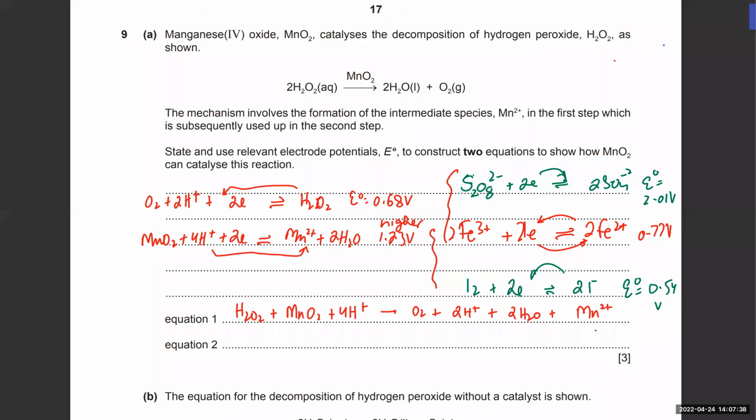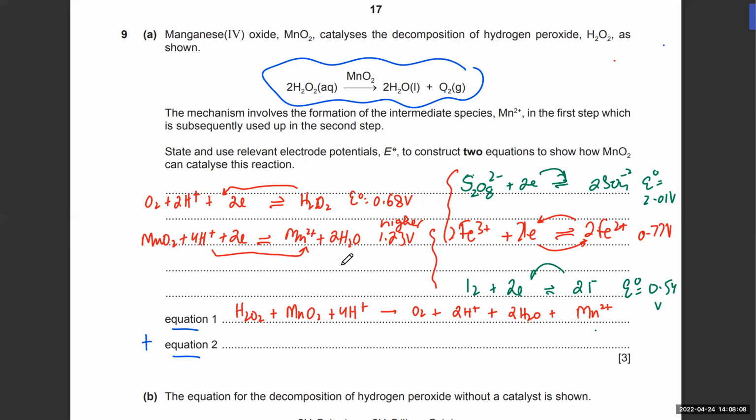Remember, the overall equation is the sum of the two equations, right? So this is equation number 1 plus equation number 2 that gives you the overall equation. Is that clear? So we can either do the whole working process, or we can simply say this equation must add up with some other equation, which is my step number 2, and the two equations must add up to give you this.